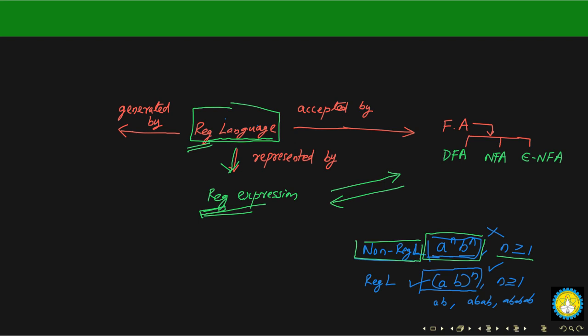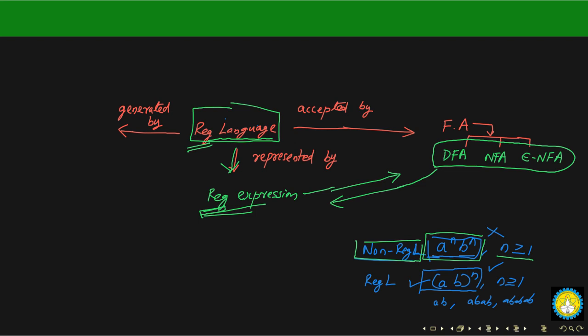Also, it's very important to note that if you have a regular expression, you can actually convert it into any of these: DFAs, NFAs, or epsilon NFAs. And given a DFA or an NFA, you can convert it to a regular expression as well. So these two conversions are possible.